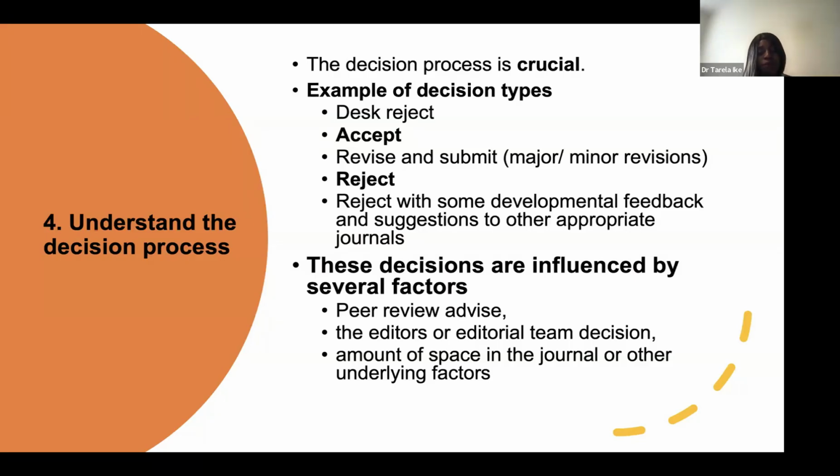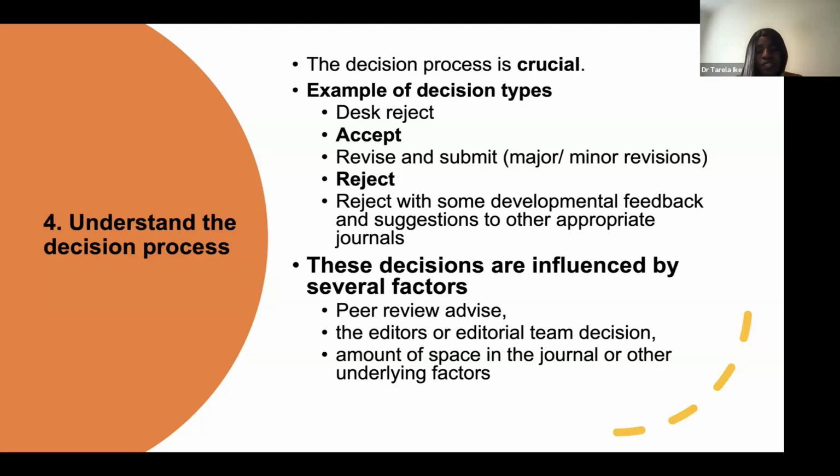I've seen some really good journals that would reject a paper, give you the developmental feedback as to why they rejected it, and even go a step further to suggest other potential journals that you can submit the revised version to, which for me, I think is quite great. So they give you that feed forward. So it's not like they just reject it, but they give you some developmental feedback that you can build on and then submit it to somewhere else.